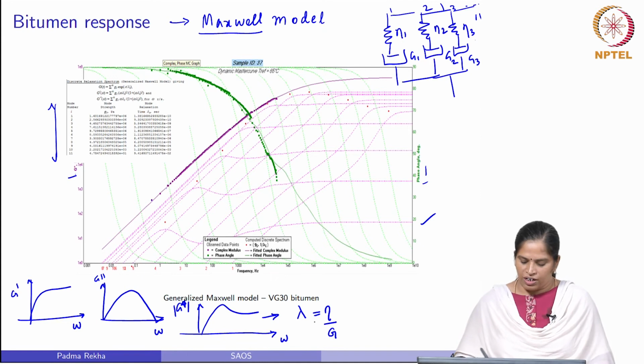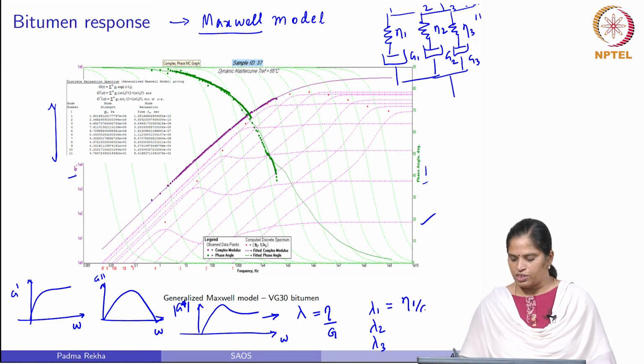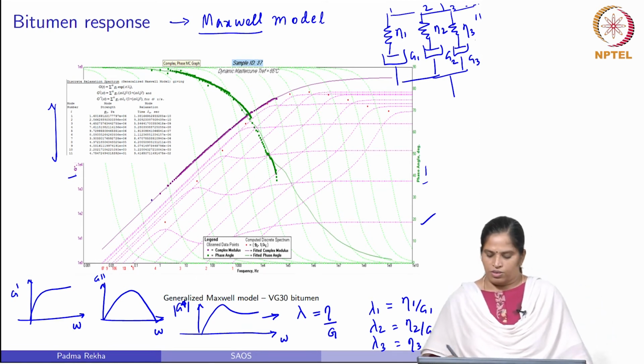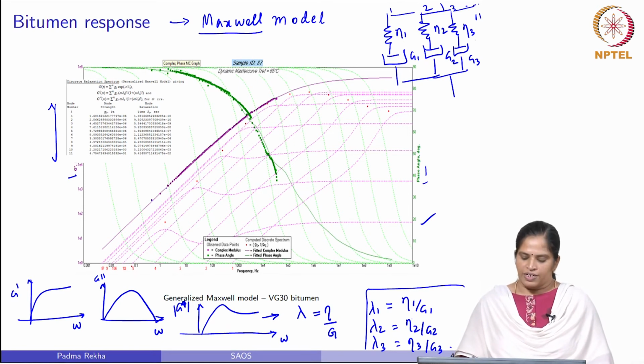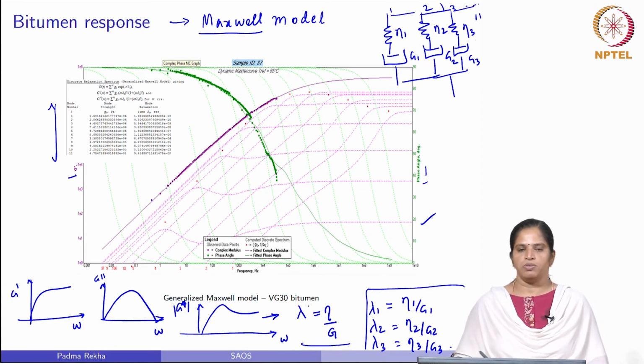Suppose you have different relaxation times like lambda 1, lambda 2, lambda 3, etc., where lambda 1 is eta 1 by G1, lambda 2 is eta 2 by G2, lambda 3 is eta 3 by G3, etc. How will the response be, or in other words, is a single relaxation time sufficient to predict the response of a bitumen?